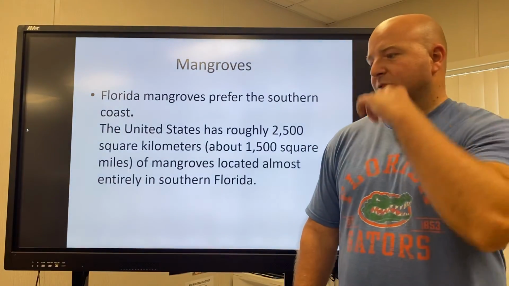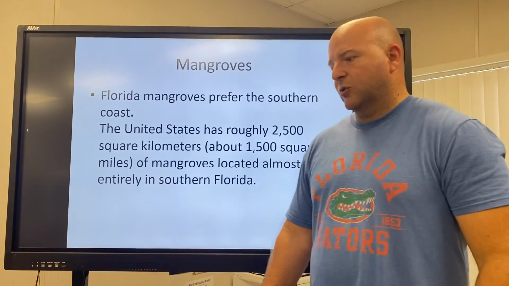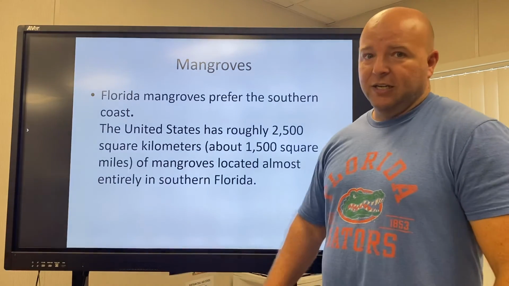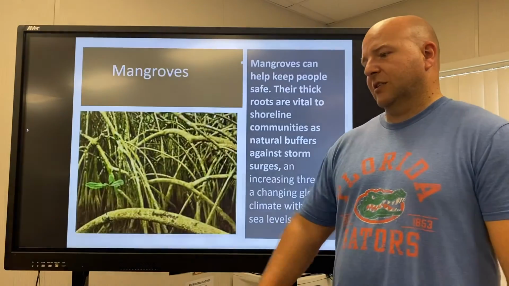The United States has roughly 2,500 square kilometers or 1,500 square miles of mangroves, and that's pretty much all located in South Florida. We are the mangrove area of the United States.